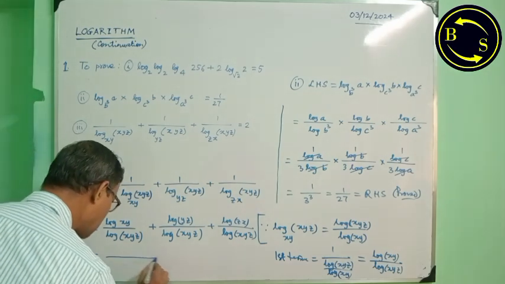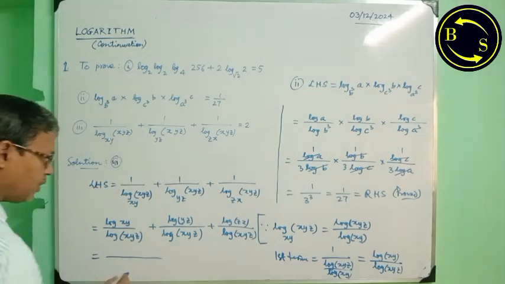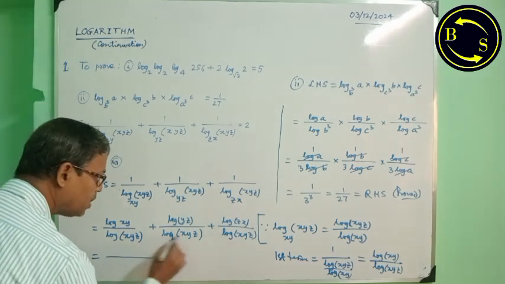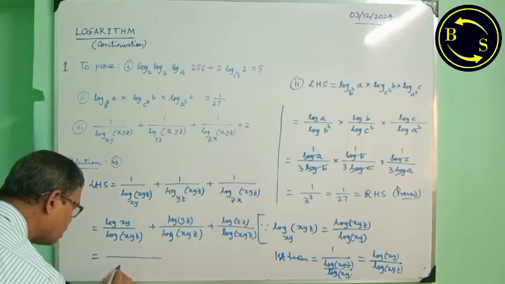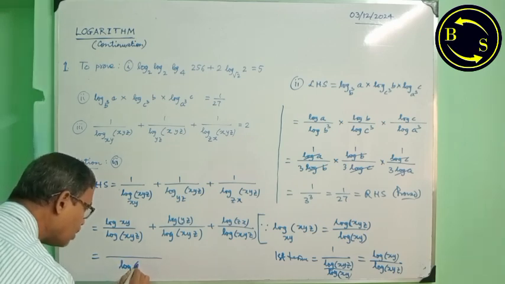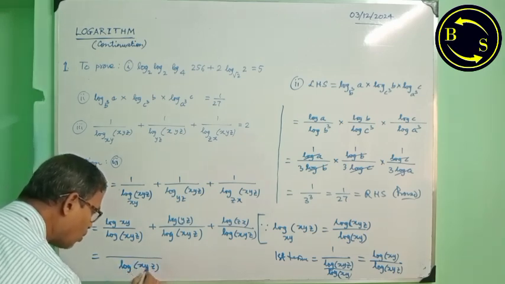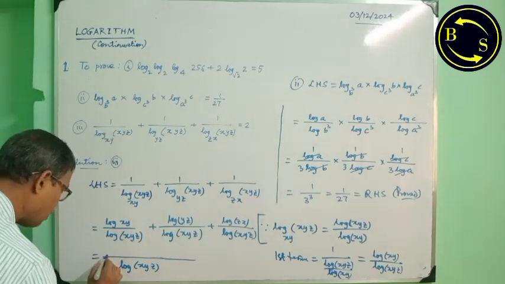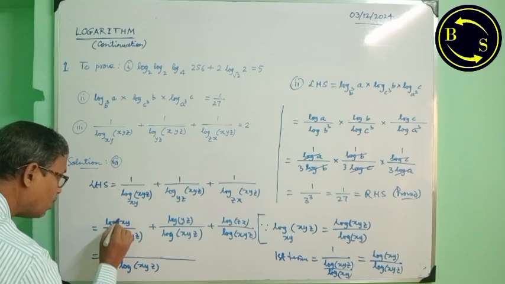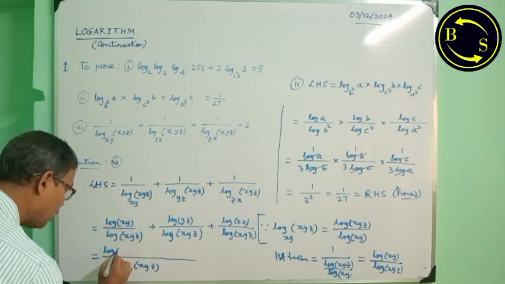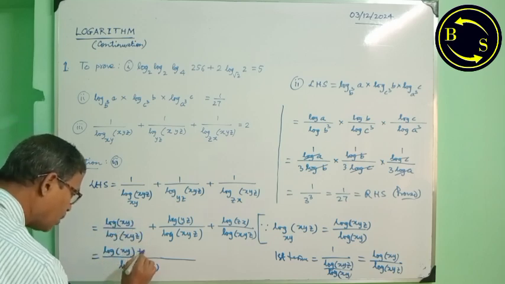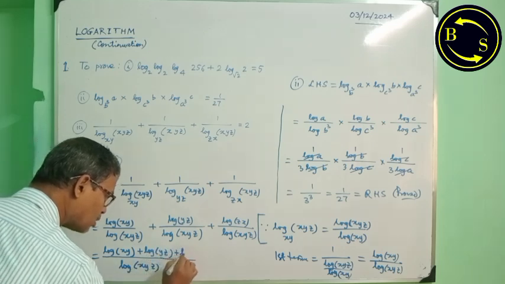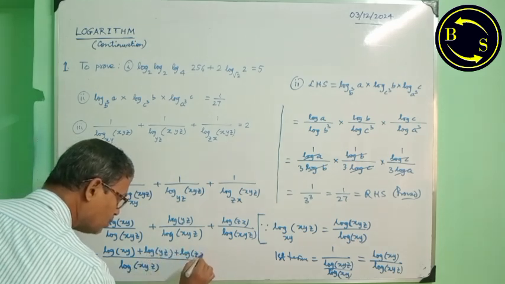Therefore, adding as per the law of addition of fractions, the common denominator will be log of xyz, and the numerator will be log of xy plus log of yz plus log of zx.